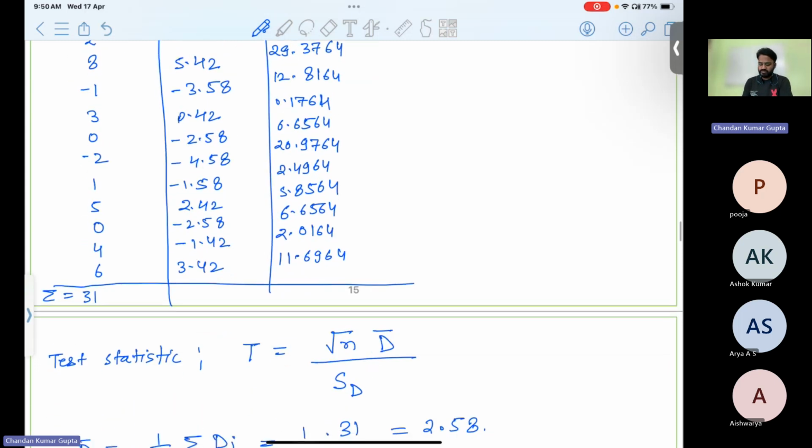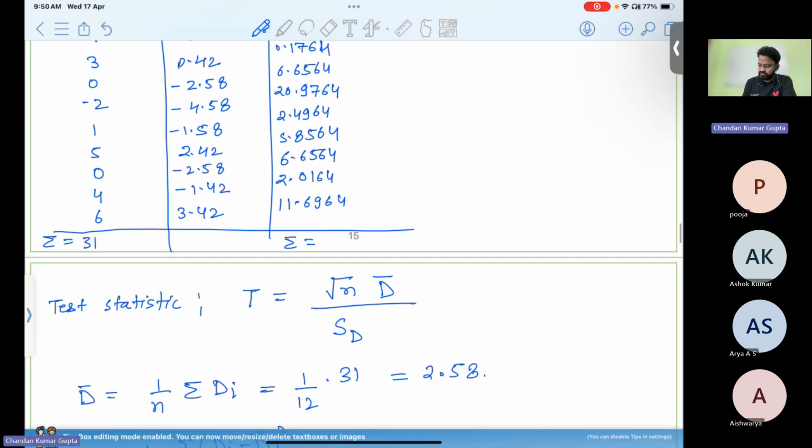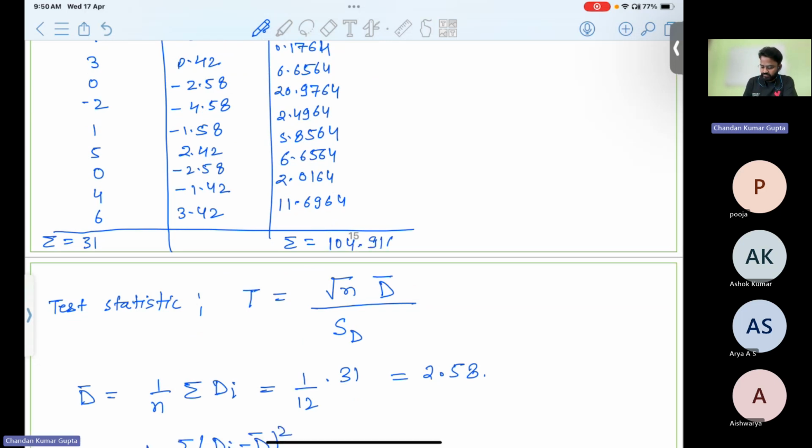So after summing, we get the summation as 104.9168. These are just calculations.